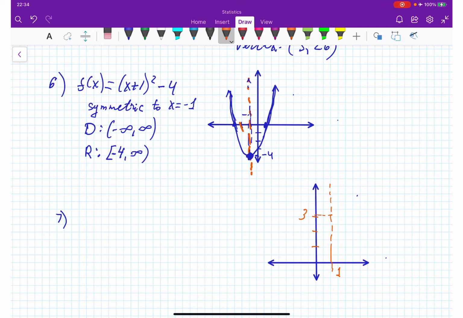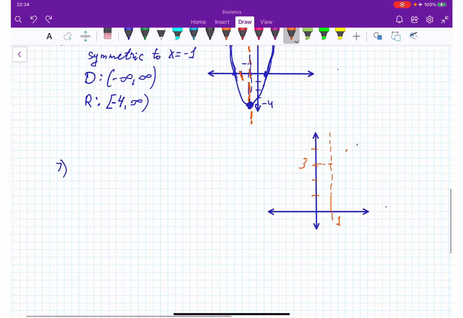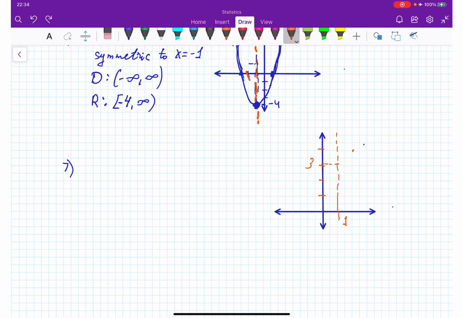So this is 4. So the graph is going to go like this. Okay.